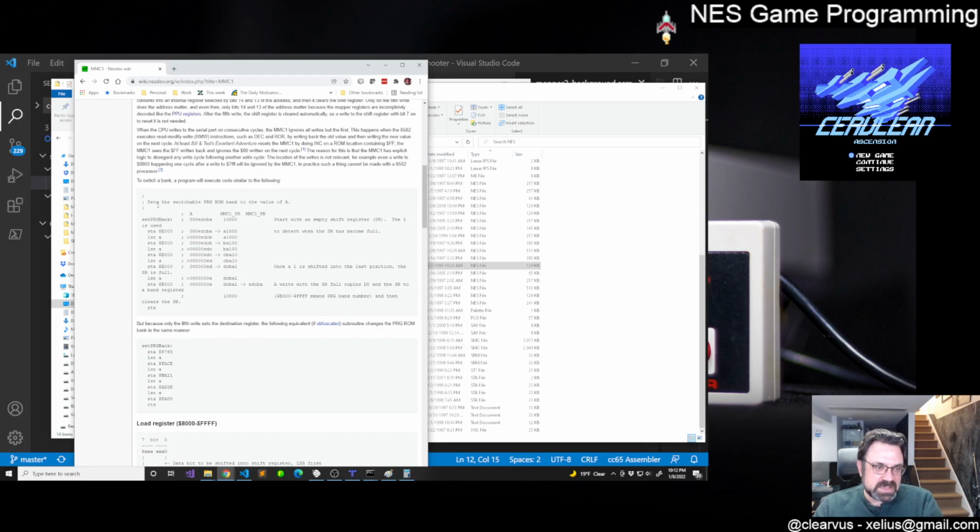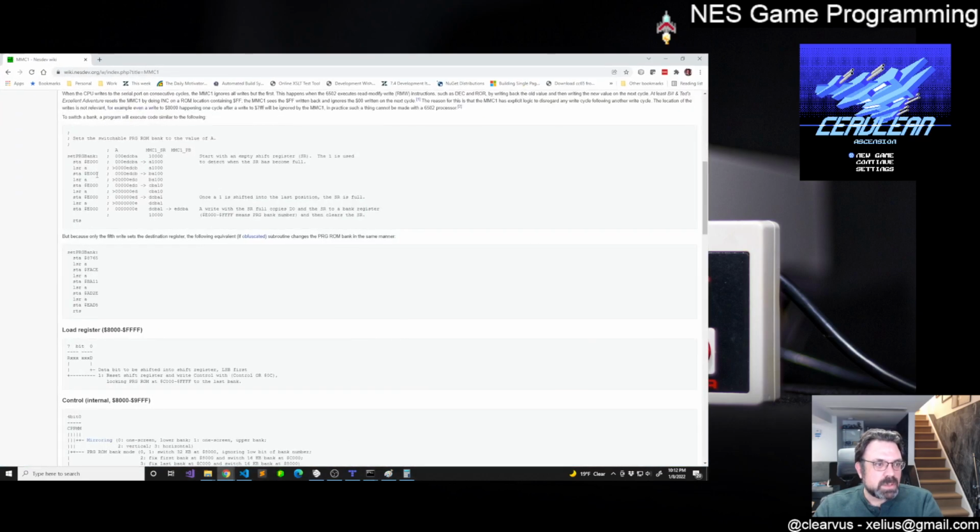So you can see this code sets the switchable program bank to the value A. So it sets the bit. Let's see. Where is our code here? So store A E000, left shift A. Okay, so A has the value that we want to shift in.